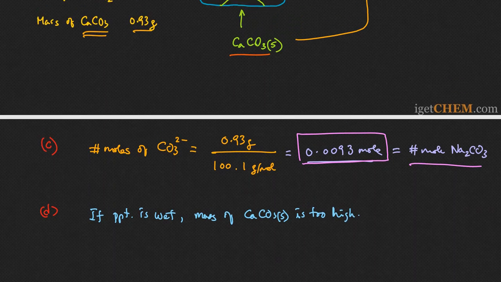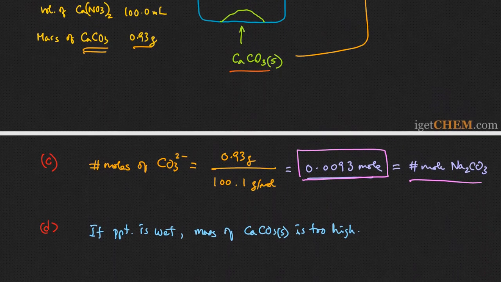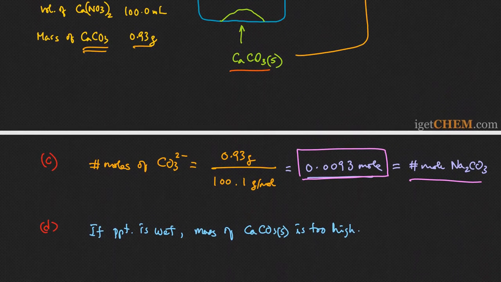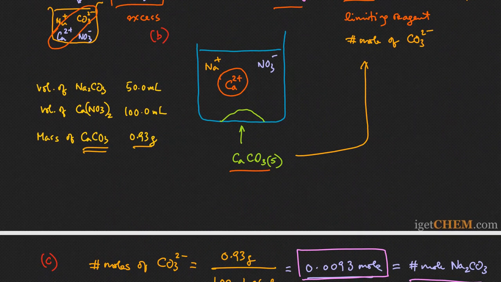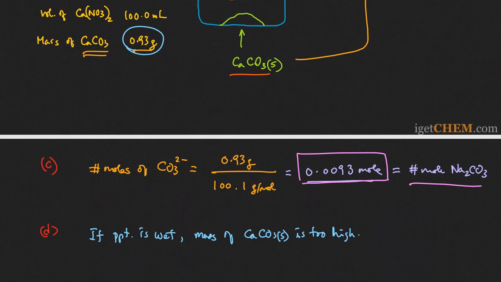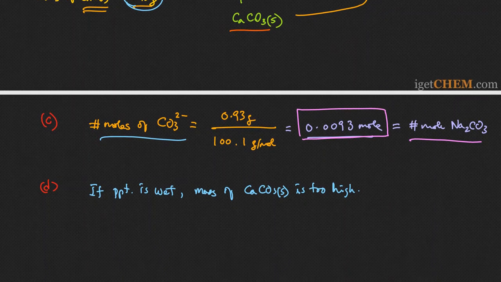And you can then trace back and find out how that would have affected your calculation, because you needed the mass of the CaCO3 to calculate the number of moles. And so if the mass is too high, then the number of moles will be too high.